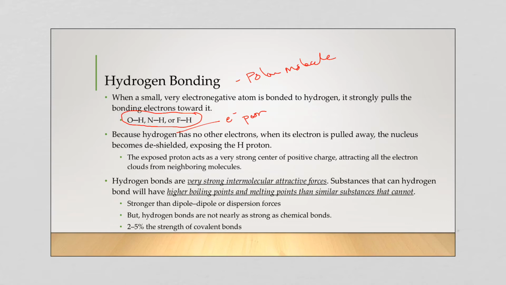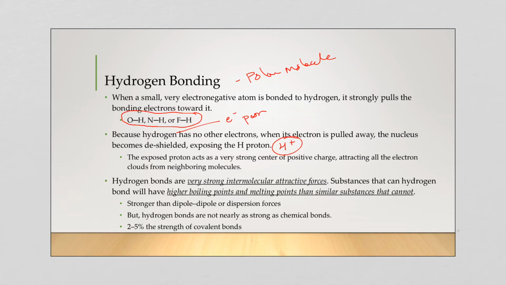So when that electron gets pulled away, hydrogen becomes basically bare. It has no electrons. It exposes what we call the hydrogen proton, or in essence, we get hydrogen that develops that positive charge. There are lots of words we use for this. We call it deshielded, we call it electron poor.